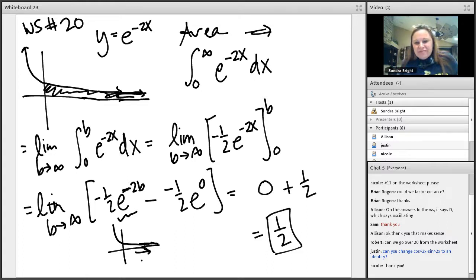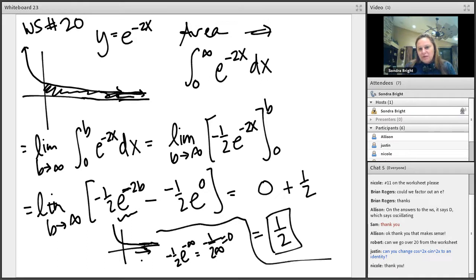Honestly, the way I think about it is this ends up being a negative 1/2 times e to the negative infinity, which is like 1 over e to the infinity, because e to the infinity is infinity, and 1 over infinity is 0. So I don't know. That's just how I always thought about it.